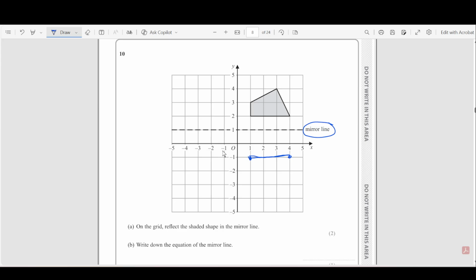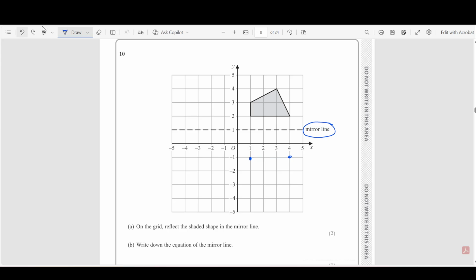Sorry, one minute. This is my mirror line. I mark it as this. Because this is from the mirror line, it is just one square away. So that means my point is going to be one square away from the mirror line, right? This point would go there. Then you see this is one square. From the point there is a line which has one square length. So I will make it like this, right?